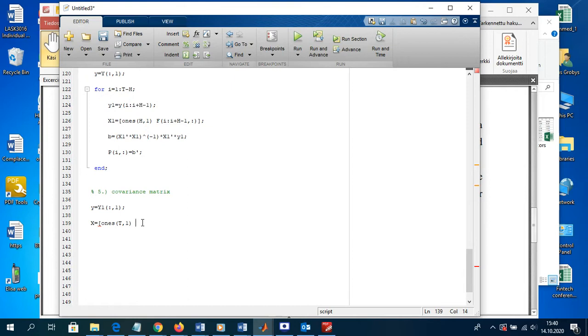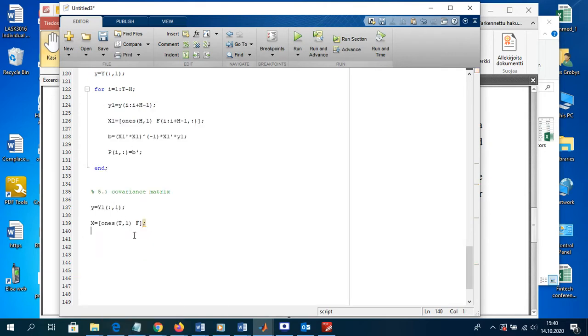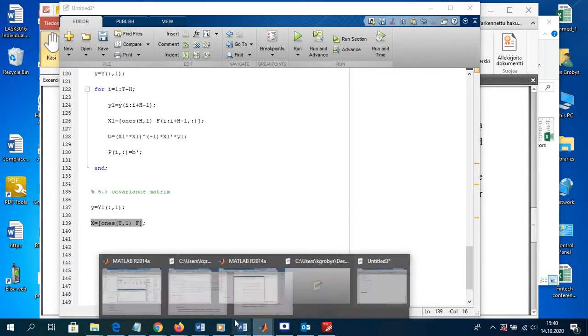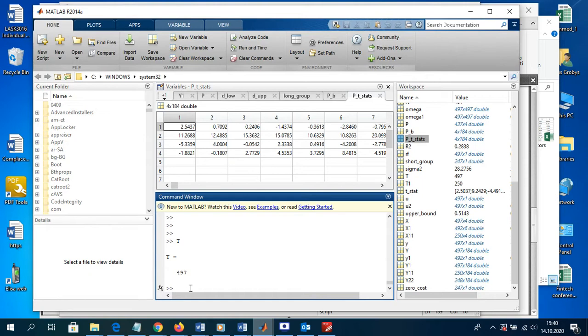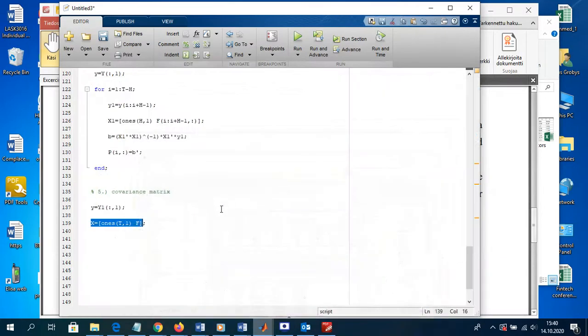Then we also want to add the matrix of risk factors. If we copy this into the command window and paste it in, we get a T by 4 matrix, like we desired.